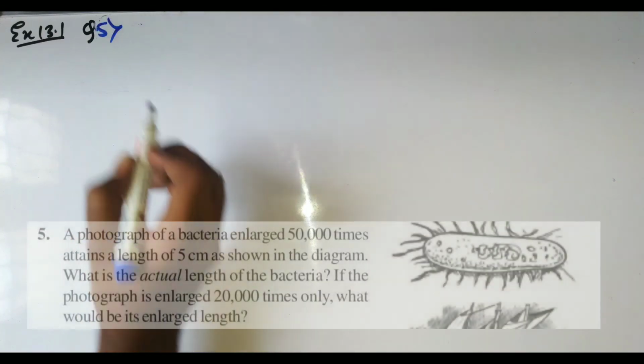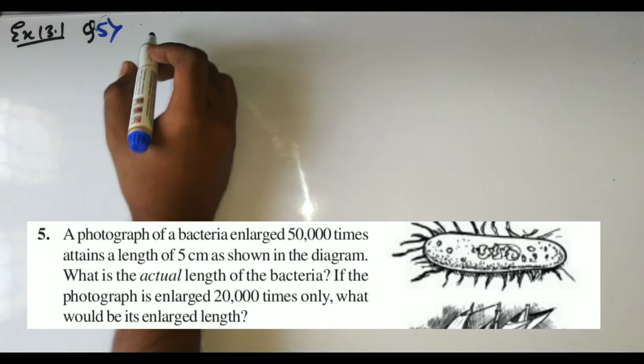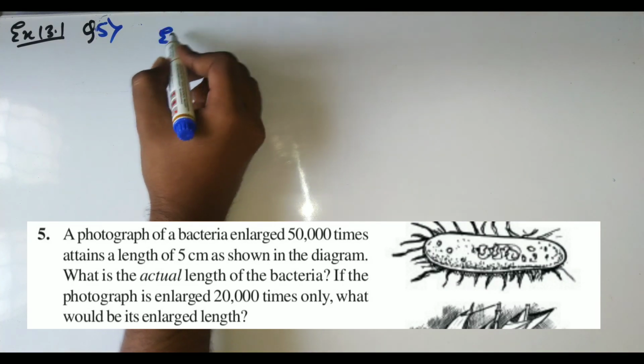Moving on to the fifth part of the question. It says that a photograph of bacteria enlarged 50,000 times attains a length of 5 cm as shown in the diagram. What is the actual length of the bacteria if the photograph is enlarged 20,000 only? So let us take the table first.